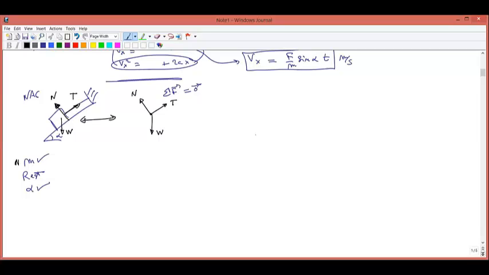Second stage, let's pick a coordinate system. How would you like to pick your coordinate system? Can you give me a candidate for your positive X and a candidate for your positive Y?